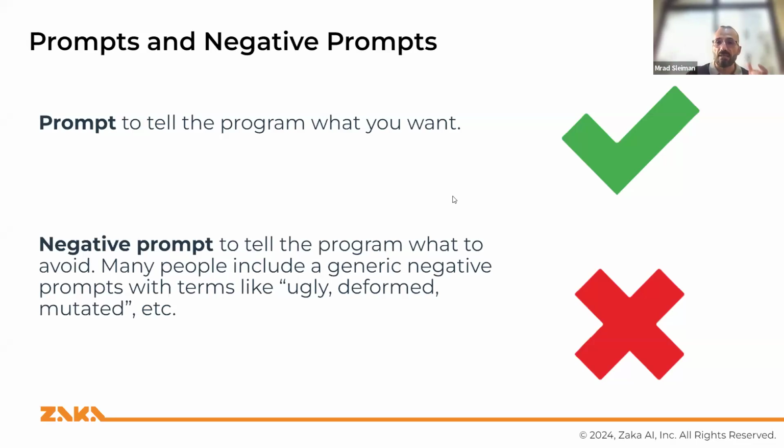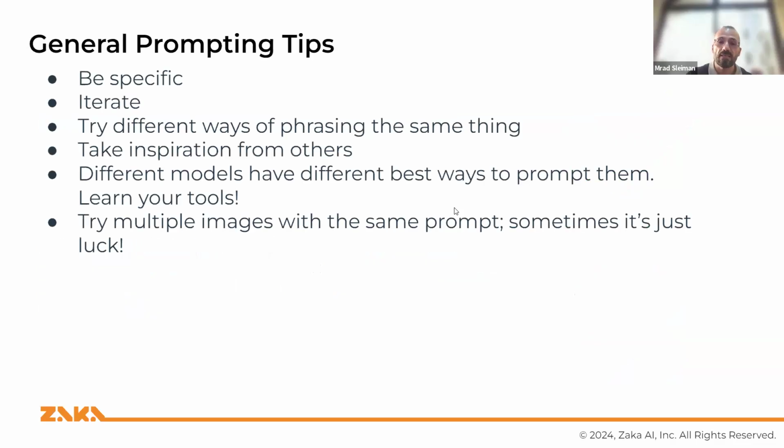So this is really important, the prompting part. How do we prompt the generative models? We can talk about these steps or tips. The first is that you need to be specific.